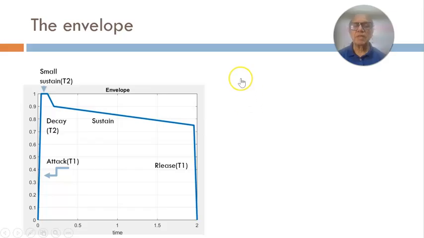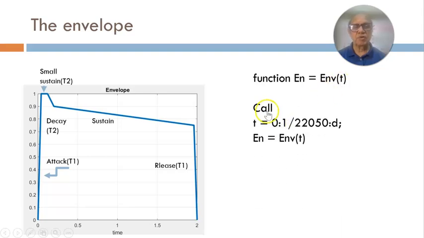Okay, so the function that we are going to write, we are giving it some name: envelope T. So T is the input parameter to this function. Whenever you are going to call this function, it will be necessary to define T. So for calling the function, you first of all define the array T. It starts from 0, this is the normal increment, and D is the duration of the time.